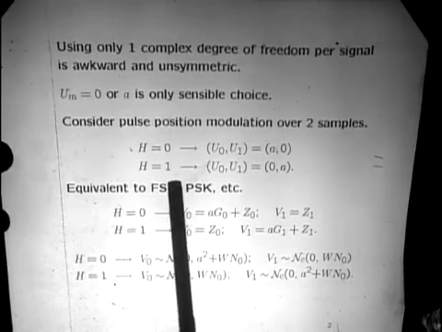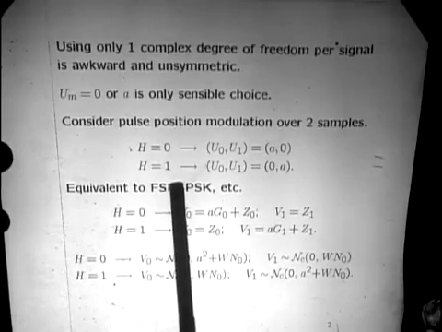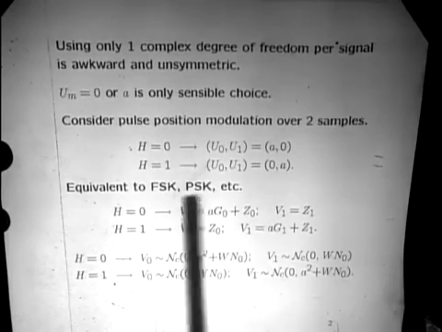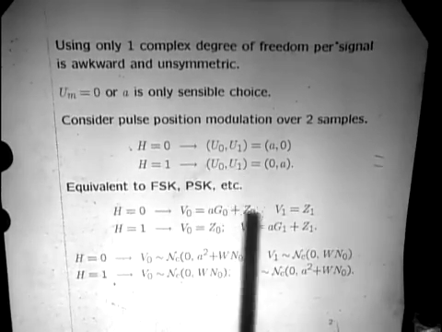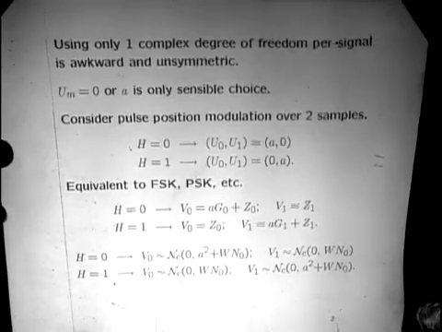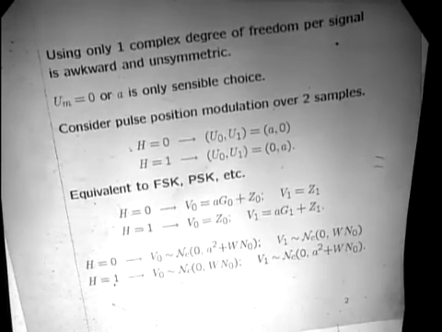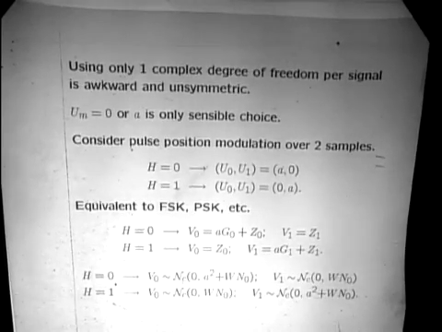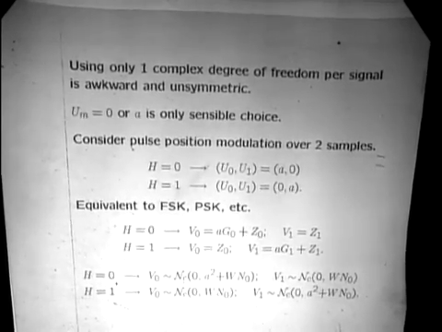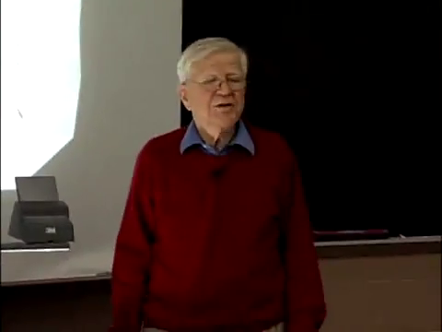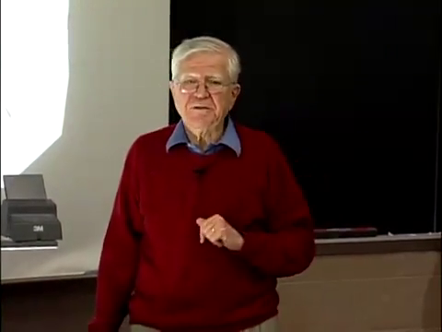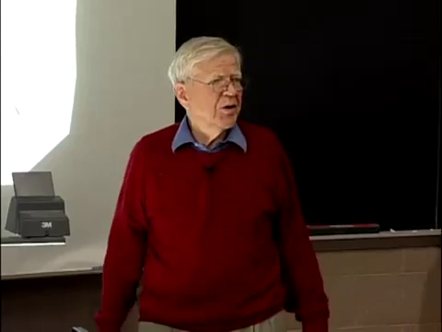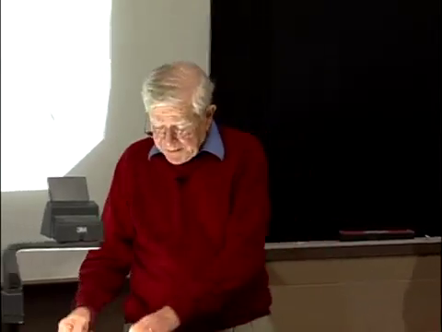You can talk about more than binary transmission, but binary is awful enough. You get U0 equal to 0 and U1 equal to A. So that what you're going to be doing here in this pulse position modulation is choosing one of these two different epochs to put the data in. So in one case, you put all your energy in the first one. In the other case, you put all your energy in the second one.